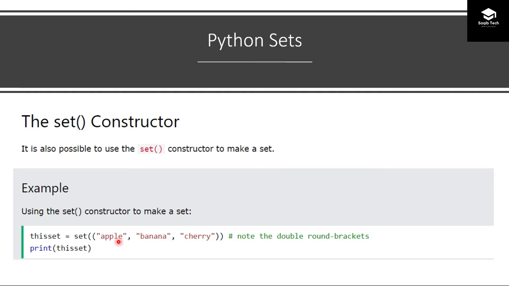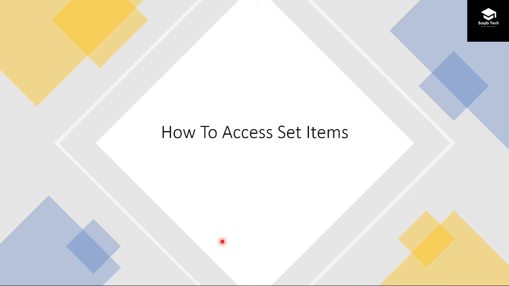But note, when we are creating a set this way, you must put double round brackets, round bracket 2 times, opening 2 times and closing 2 times. This is important. This is another method to create a set.